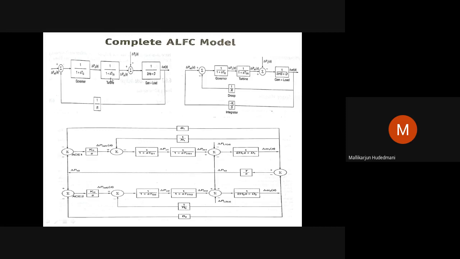That was not possible only with the primary loop, because the set point was fixed here. It was fixed and it was not varied. Here it is a variation. Set point is altered by the frequency deviation using the integral controller in that path. So therefore, this is the primary part. This is the secondary part added to that.